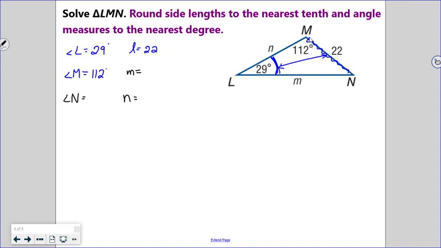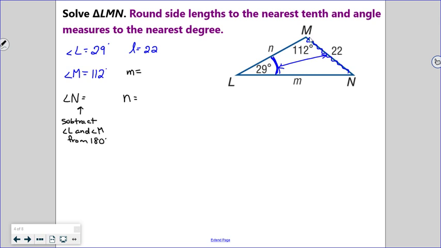If that is the case, if we start with two angles and one side, to find our missing angle here, what would we do? We've done this before. Yeah, subtract from 180, right? To find N, we're going to subtract angle L and angle M from 180.